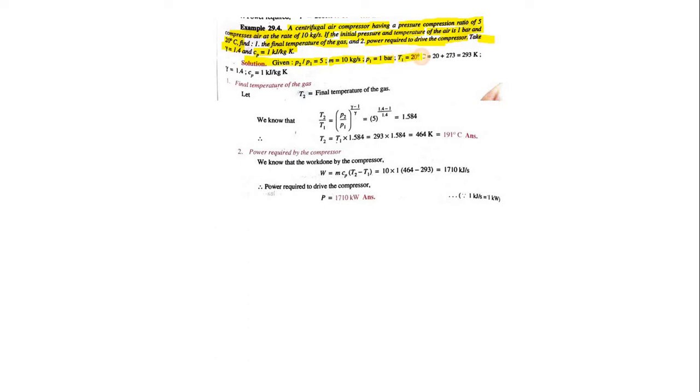Initial temperature T1 is given, around 20 degrees Celsius. I just converted it into Kelvin by adding 273, so 293 Kelvin is the answer. Then the isentropic index gamma is equal to 1.4, it is standard, and the specific heat at constant pressure, around 1 kilojoule per kg Kelvin, is given in the numerical.